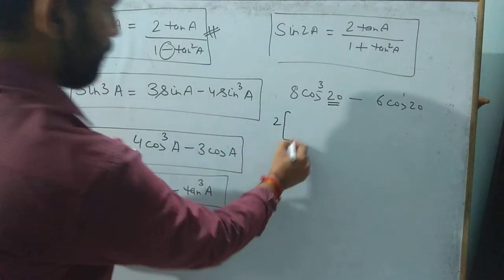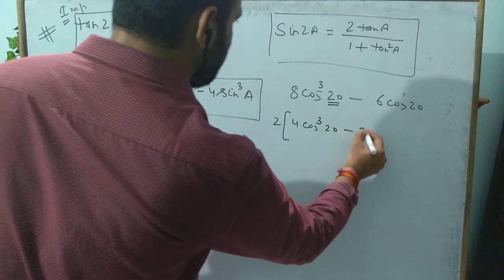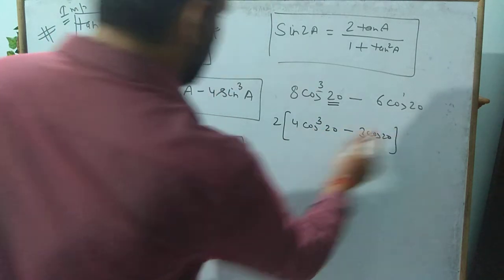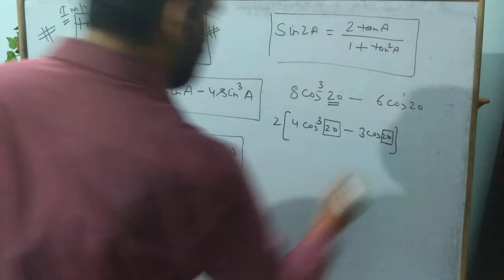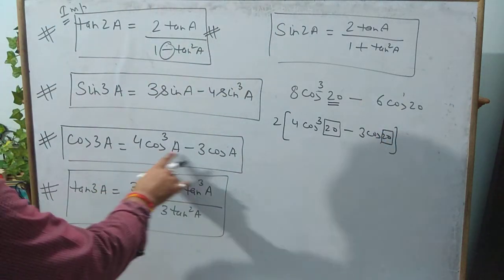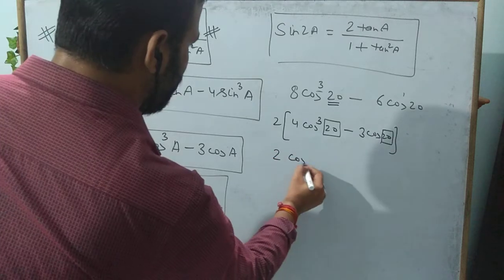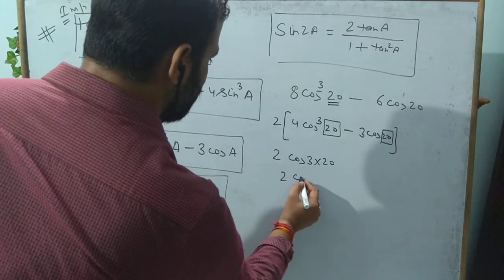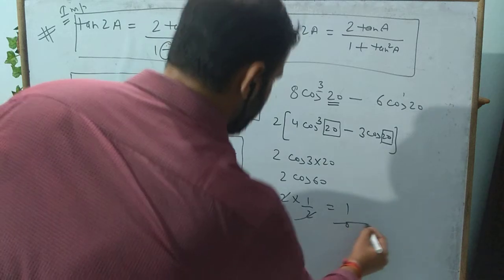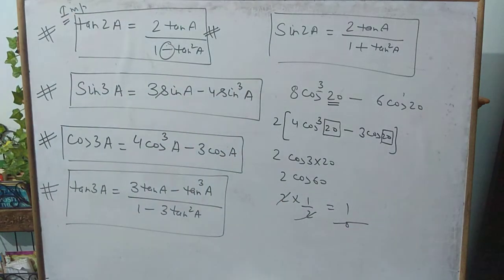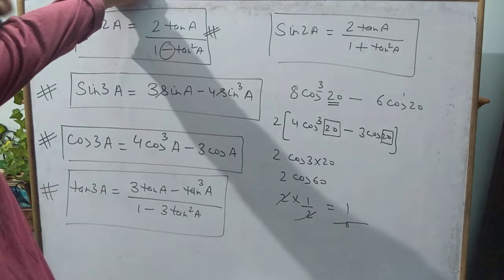When we take 2 common, it becomes 4 cos cube 20 minus 3 cos 20. So it's framing a formula. If this angle is taken as A, the formula becomes 4 cos cube A minus 3 cos A, which is known as cos 3A. So it is cos 3A, and A means 20, so it becomes cos 60. Cos 60 is 1 by 2, so the answer becomes 1. So very important are these multiple and submultiple formulas.